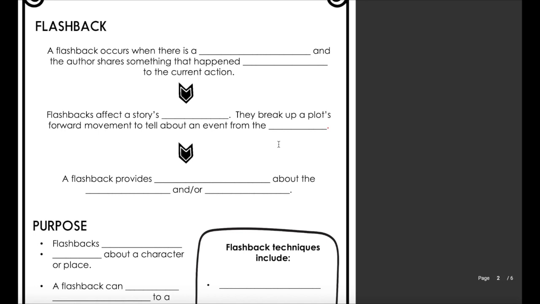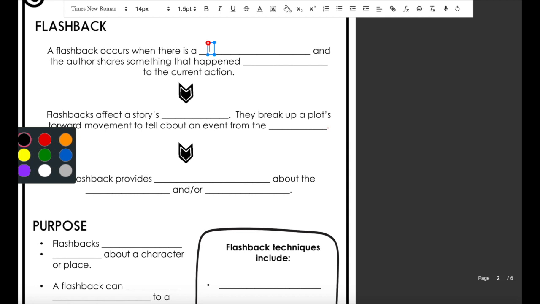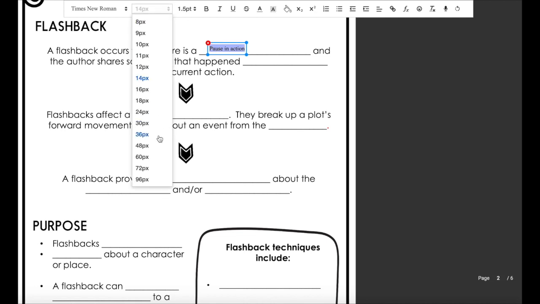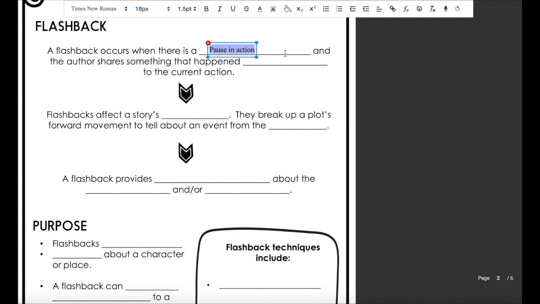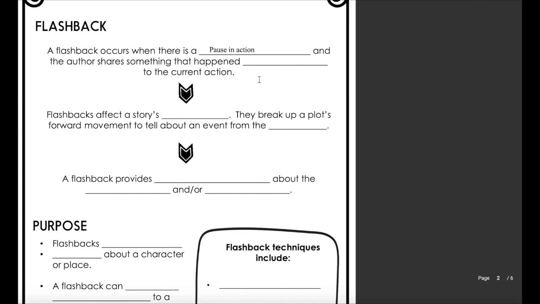So a flashback occurs whenever there is a pause in action, meaning we stop the forward motion. Let me make this a little bit bigger for you to see. We're going to stop what's happening, the forward motion of events.